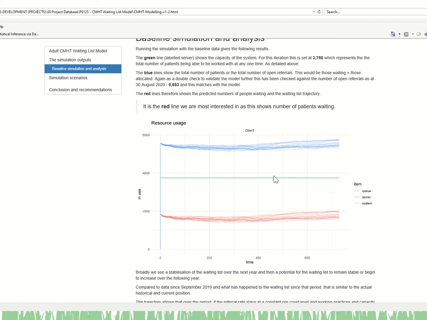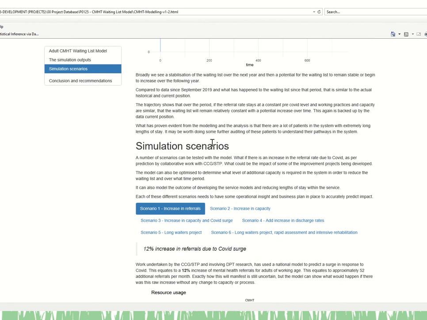Running it over several different iterations, it pretty much showed that should things stay as they are, there's a bit of a warm-up period, but after a while we would see a very slow and steady increase in the waiting list, which obviously we don't want.